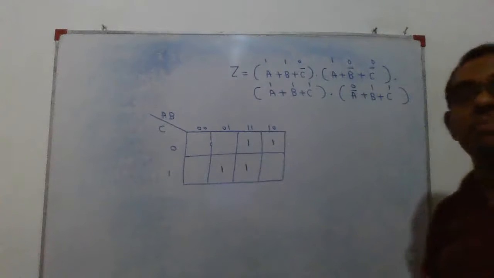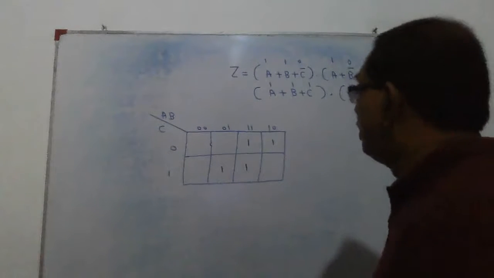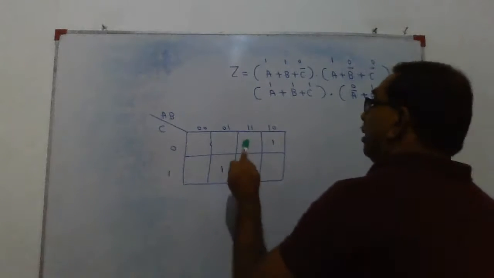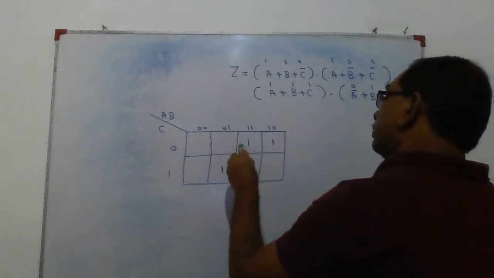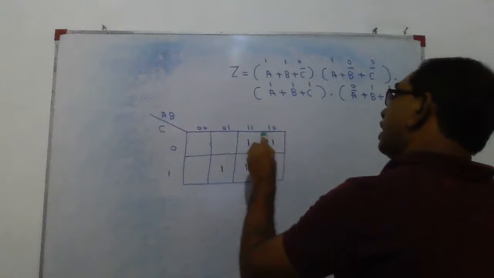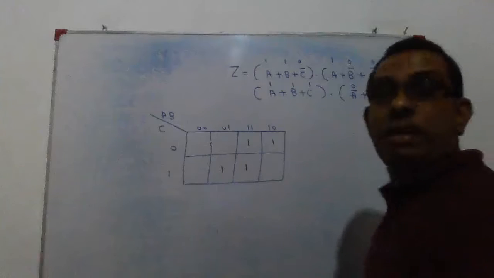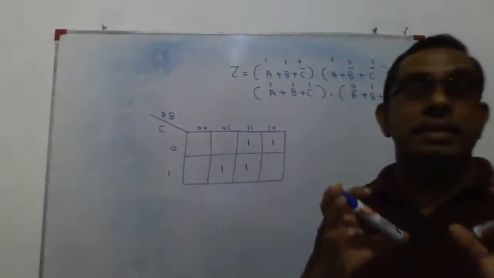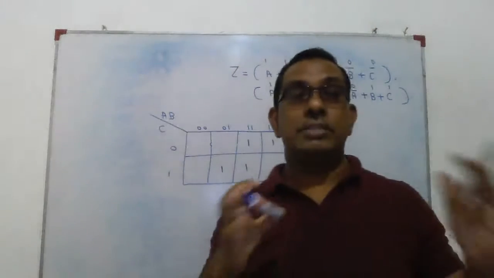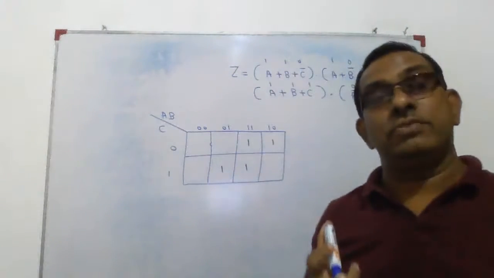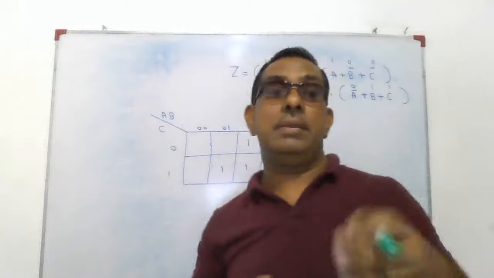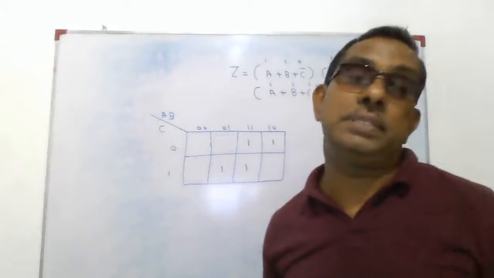Then I am going to group it. How can I go for 3 groups by doing this one and second one and third one? No. Now you know definitely the method is creating larger groups and then trying to create a minimum number of groups.